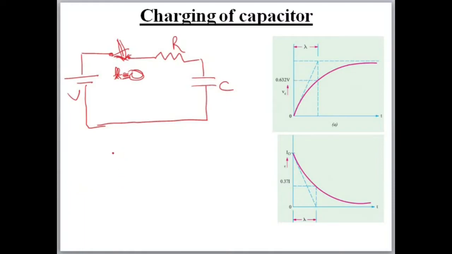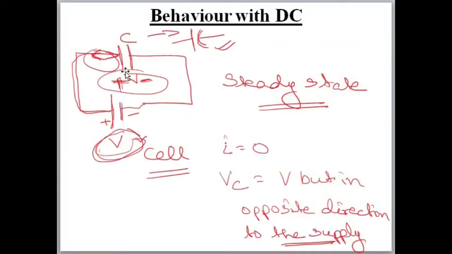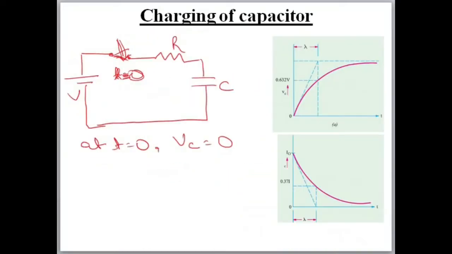Initially, as soon as the switch is turned on at t equal to 0, the voltage across the capacitor will be 0. We have studied that the same voltage will come across the capacitor, but this will come in steady state condition. Just at the time of t equal to 0, when we switched on, the voltage across the capacitor will be 0.